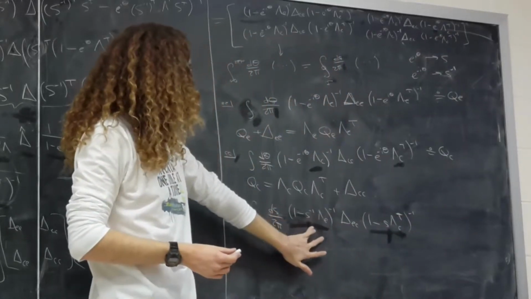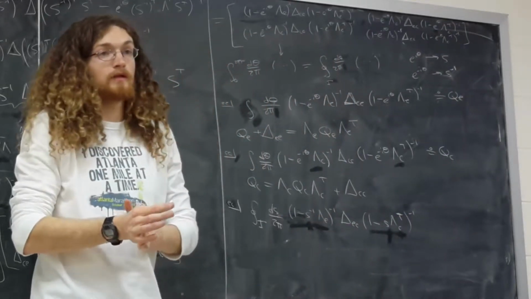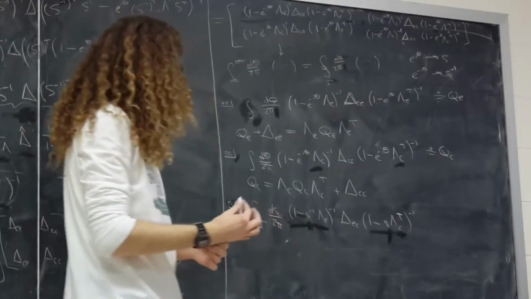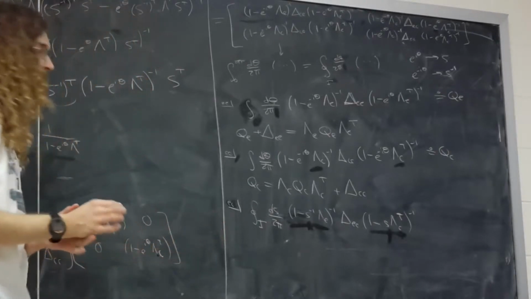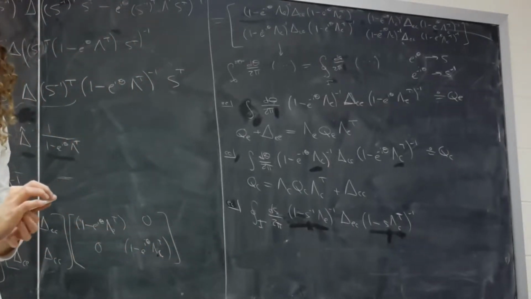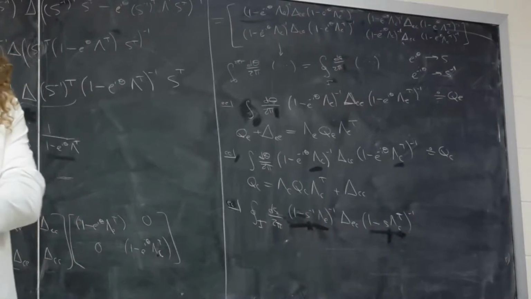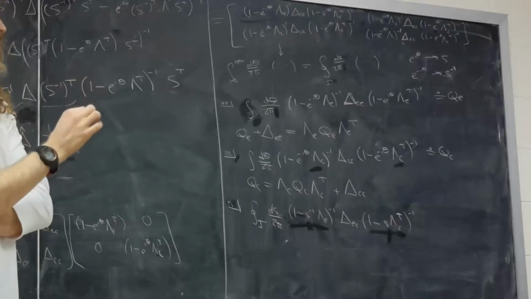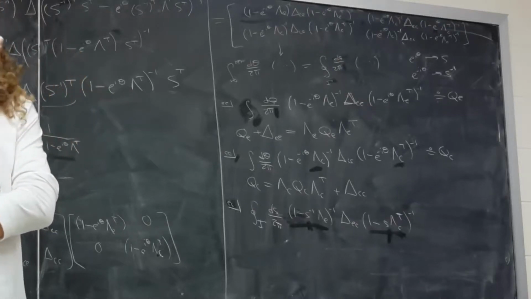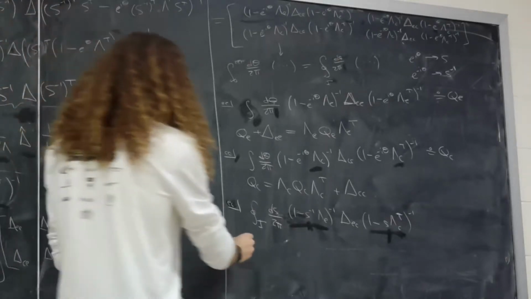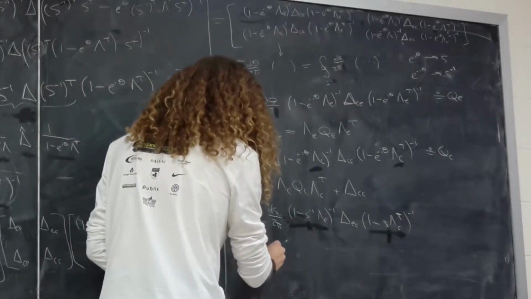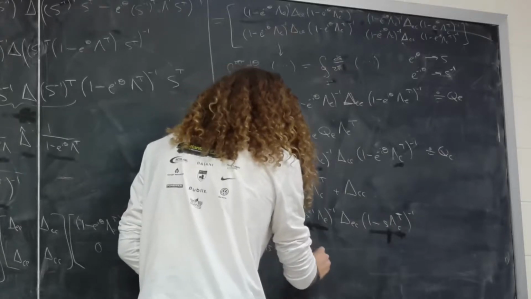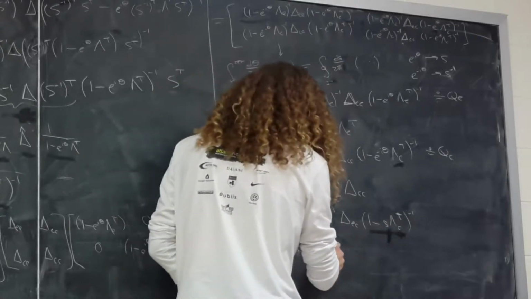Or S inverse is one of the eigenvalues of lambda E. If lambda E has an eigenvalue S, then S minus 1 S would give you 1, and then you have a 0, so it's singular. So it's S inverse: either S is an eigenvalue of lambda E, or S inverse is an eigenvalue of lambda C transpose.